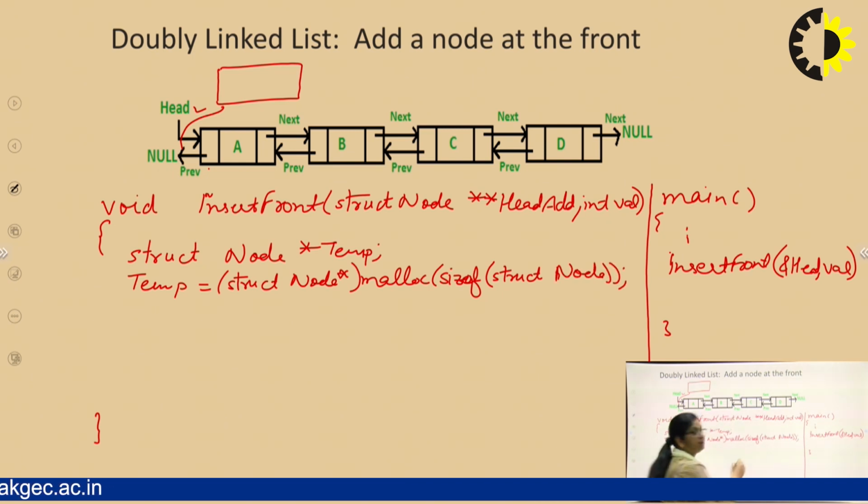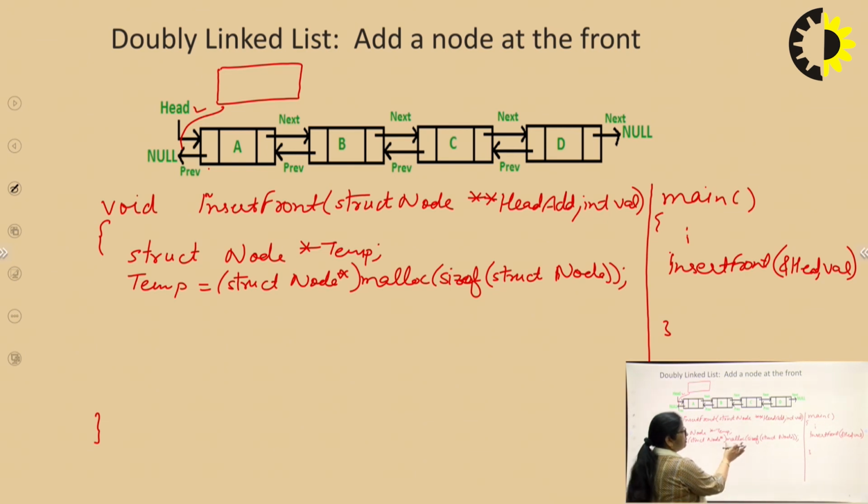At this point, I have allocated memory. How much memory? Equal to the size of struct node, and I typecasted the returned address to point to struct node star. This much memory has been allocated, which holds one previous pointer, then data, then next pointer.